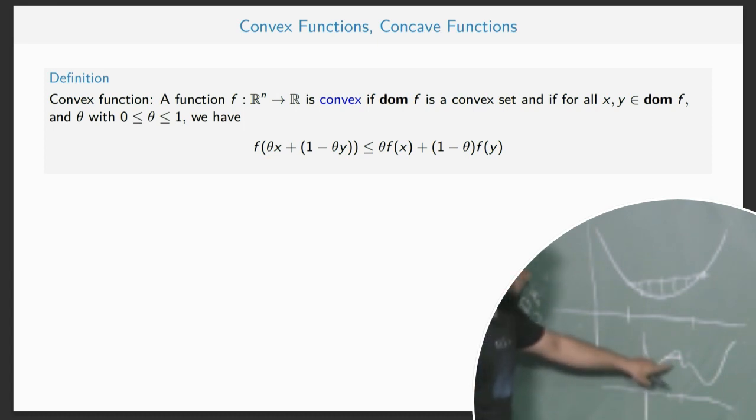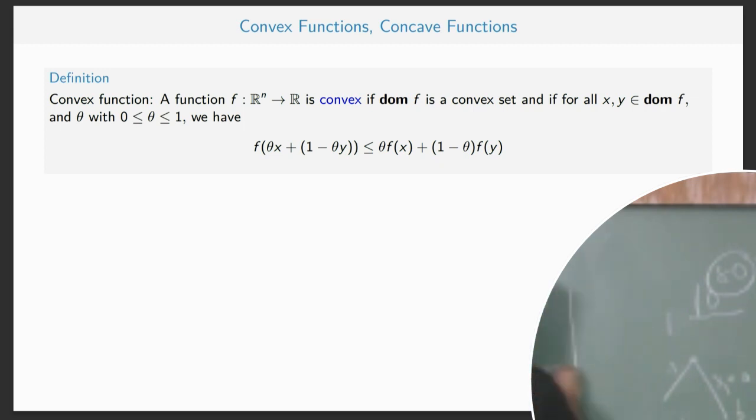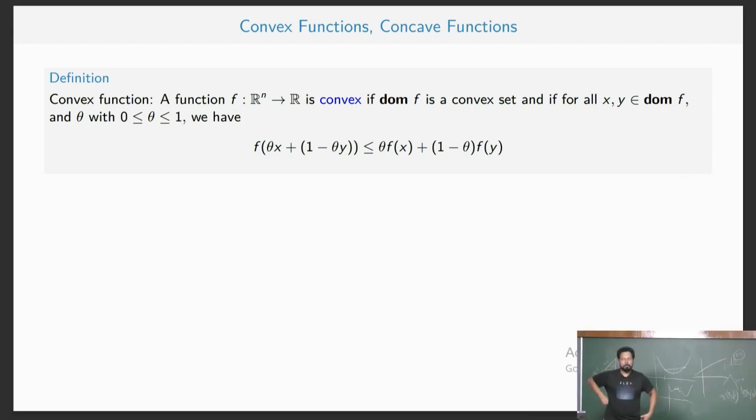So this is not convex. Convex functions are always bowl shaped. And since there is equality, linear functions are convex, because equality captures this. Lines are convex, planes are convex, since the line joining them is equal to the function value. So this is about convex functions.